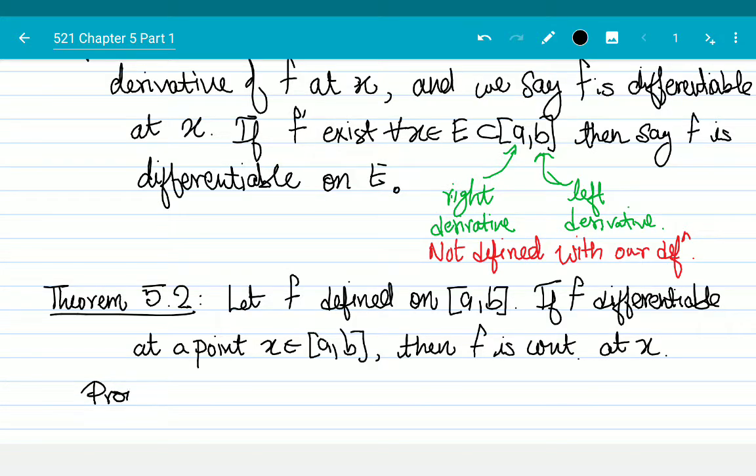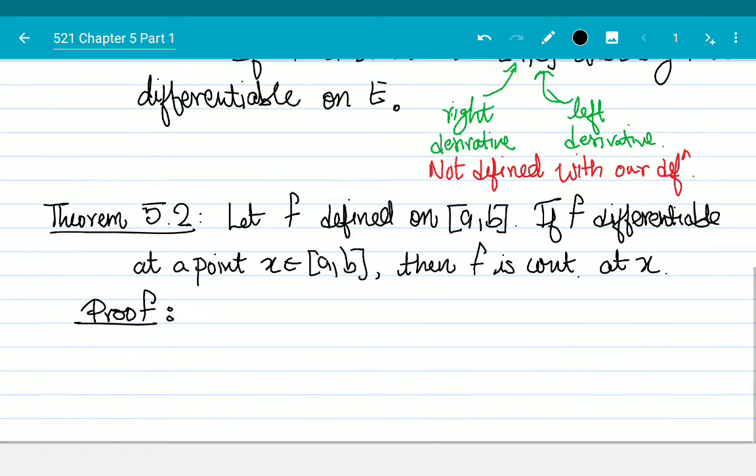Proof. I'm not going to prove things using the epsilon delta definitions. You can technically define derivative using epsilon delta, but I'm just going to go through with the limit definitions.